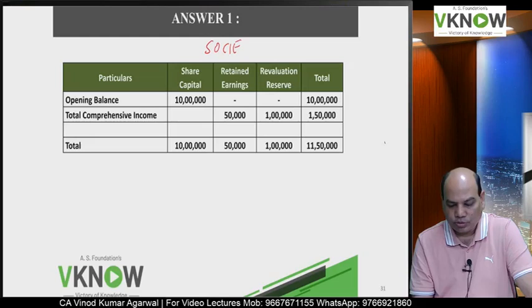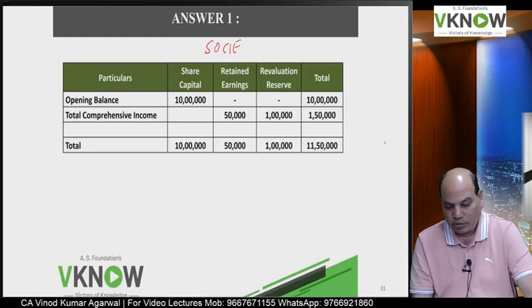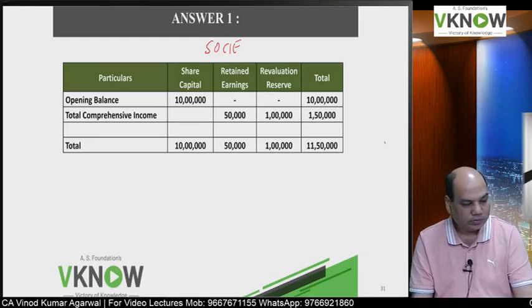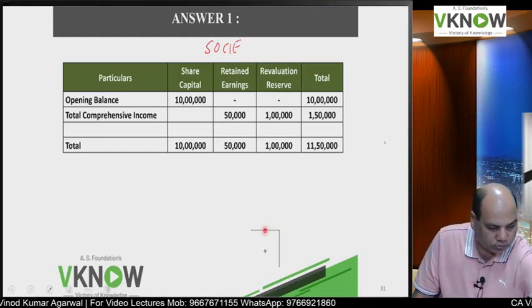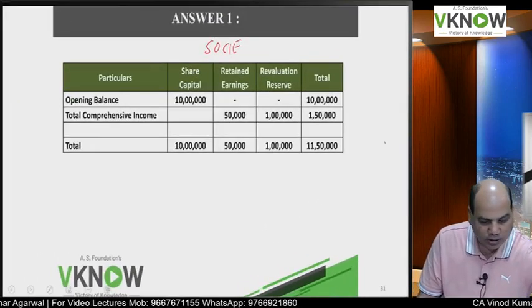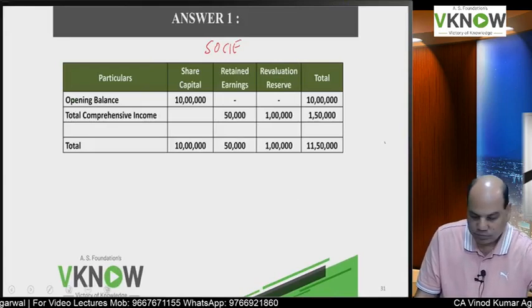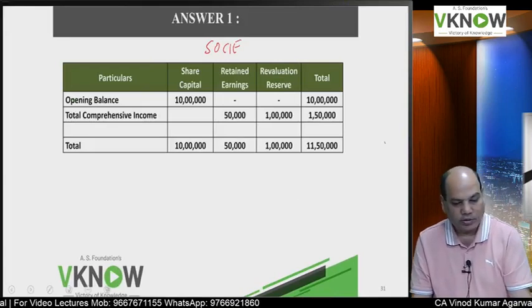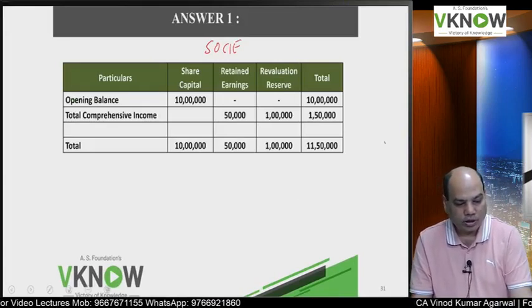Write in the notebook. Opening balance is given in the first line of the question. Opening balance, we have only one item, share capital 10 lakh. Is it right? Share capital 10 lakh.